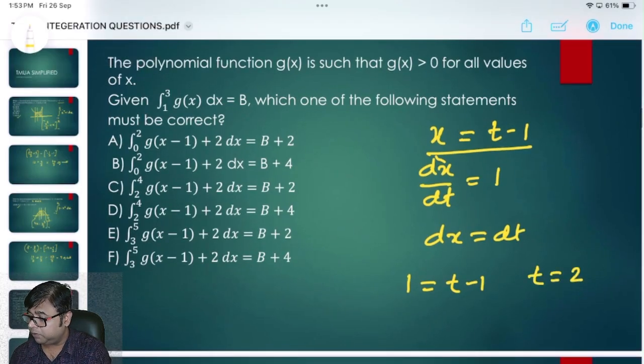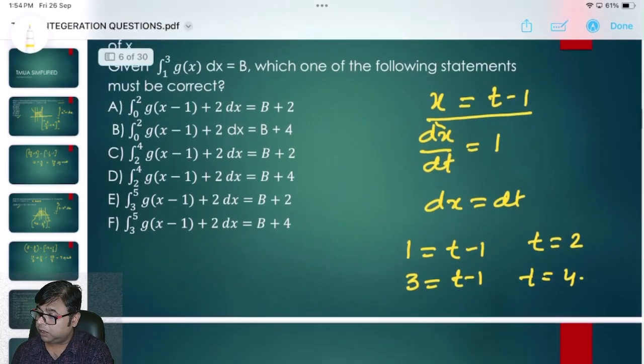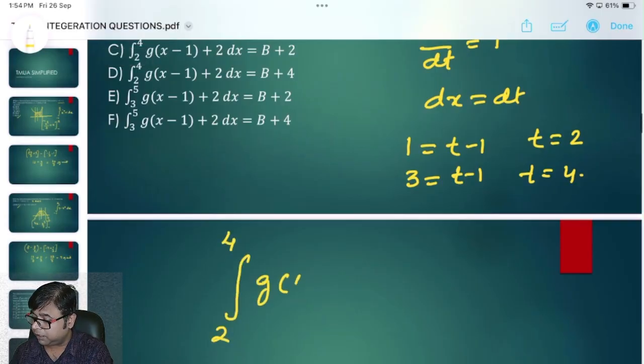And my upper limit was 3. So if I put x as 3 as t minus 1, t becomes 4. So if you look at this, on substituting, my function changes from 2 to 4, g of t minus 1, and dx becomes dt.